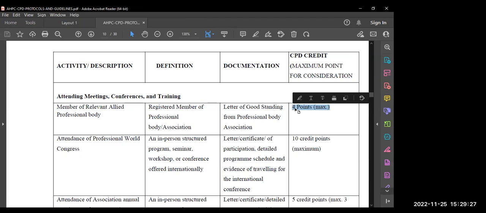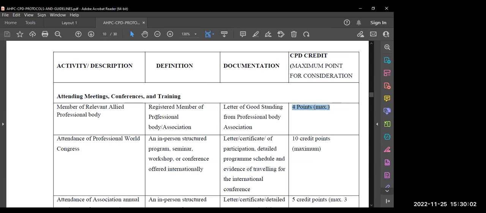Now, the good news is that starting this year, the council has accepted that each professional body is going to issue certificates of membership, indicating the period of validity for each member in good standing. So once we submit our list of members in good standing, you go to your PIN renewal back office or back page, you should find that you are a member in good standing and you should get 4 points up.